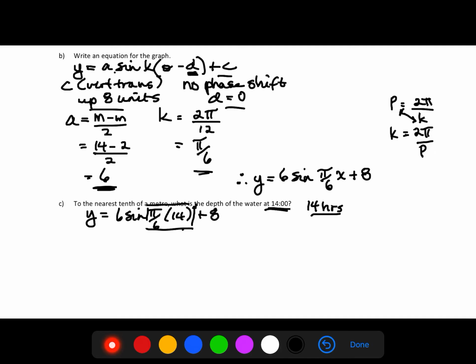Now, we have to be very specific about how we're putting this into our calculator. Our pi over 6 times 14 is what's giving us the angle. So we first of all want to punch that into our calculator. So pi button divided by 6 times 14, get our answer for that.